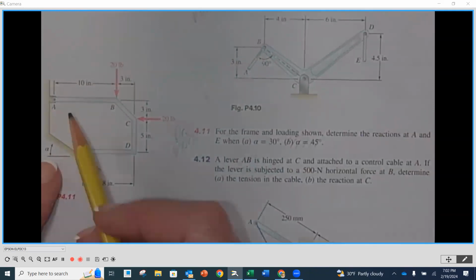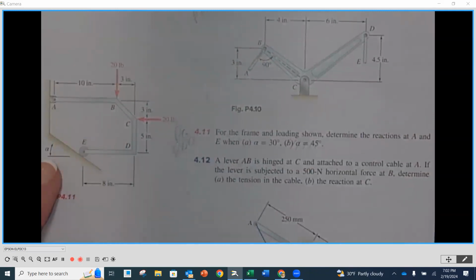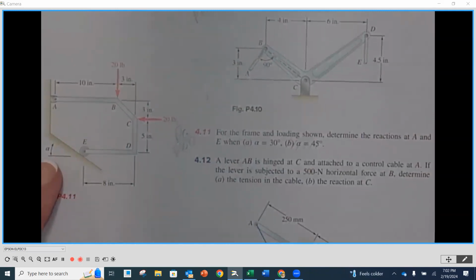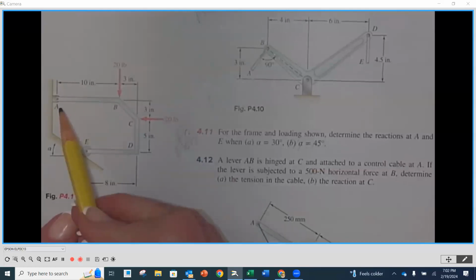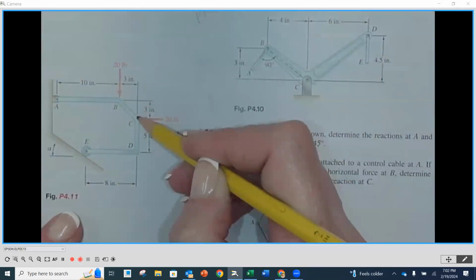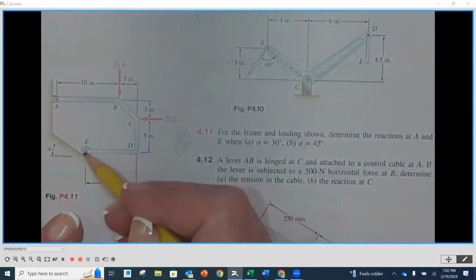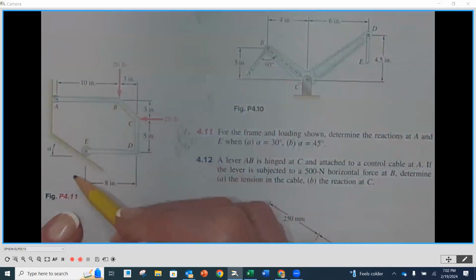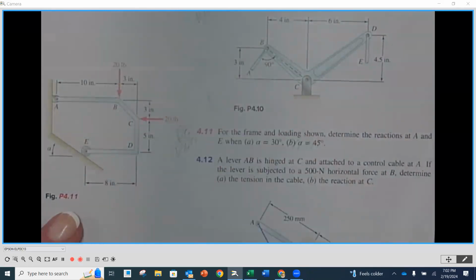We want to determine the reactions at the two supports. So we've got to draw our free body diagram, right? We're going to draw it starting at A, going over to B, coming down to C, down to D, and then over to E using the dimensions and the angles that they have here. So go ahead and get it in the form we see there.